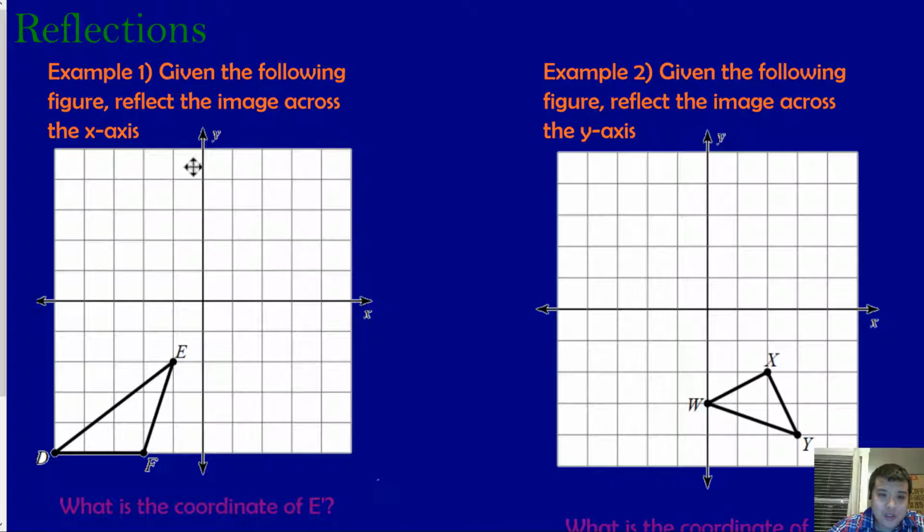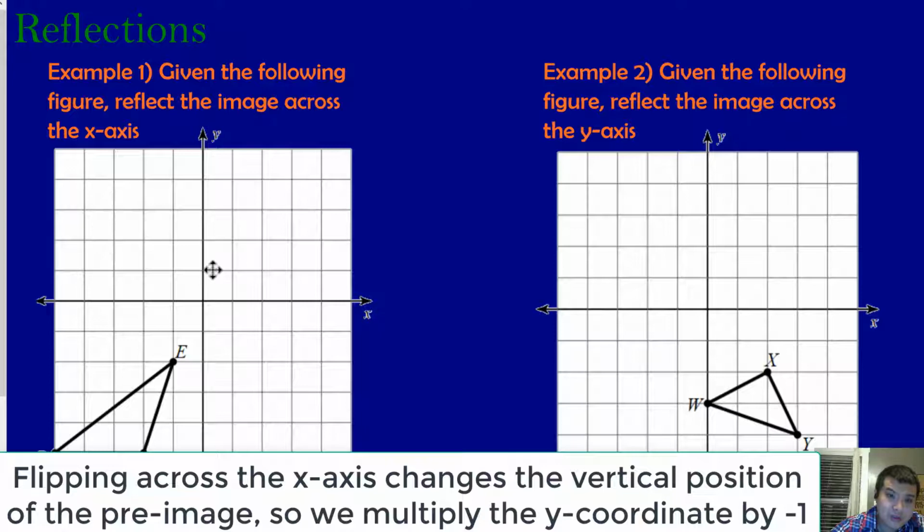The first one says, given the following figure, reflect across the x-axis. We have this point E right here, which is (-1, -2). To reflect it across the x-axis, you multiply every one of the y-coordinates for each point by -1. The reason it's the y-coordinate is because when you reflect across the x-axis, you change the height of the image. It goes from this bottom quadrant 3 to quadrant 2 up here, so you're changing the height, and therefore it's the y values that change.